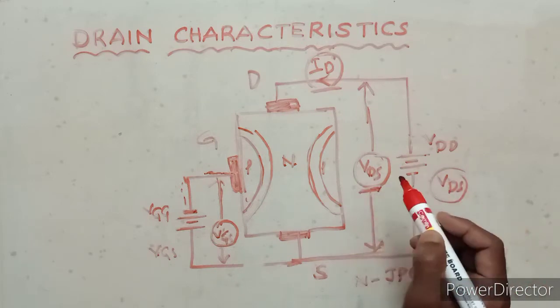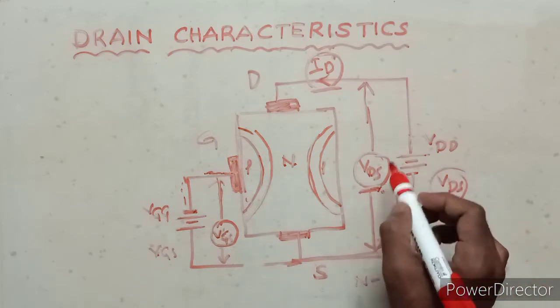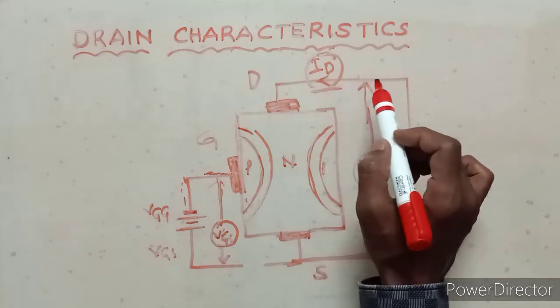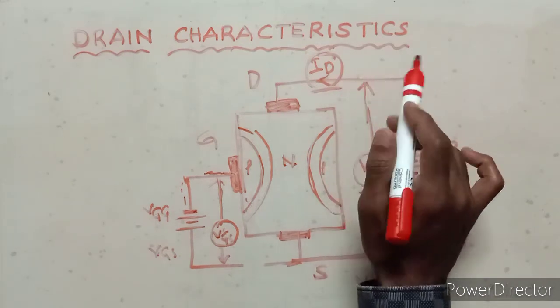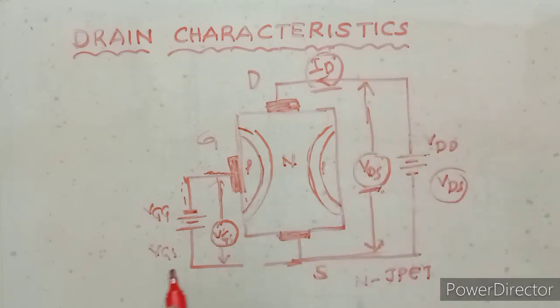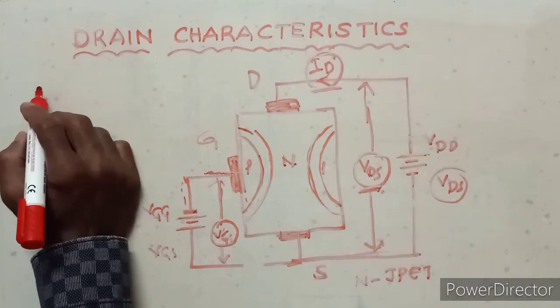So between this voltage and this current we get a graph relation. That graph relation is called characteristics. So here some conditions.